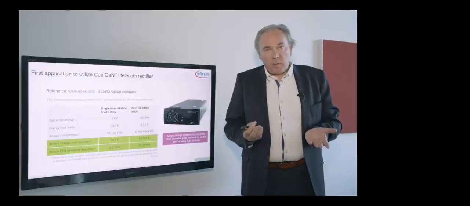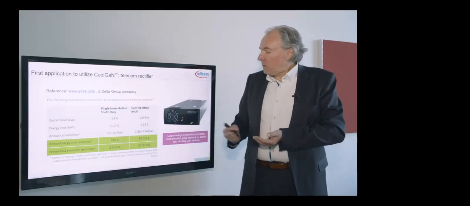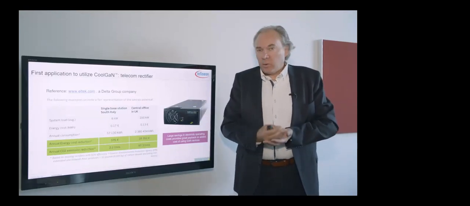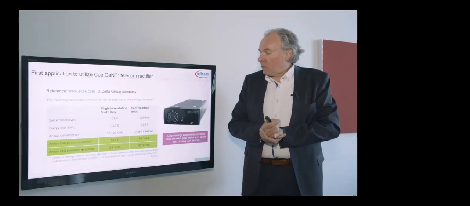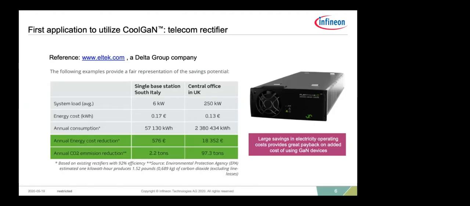One example from our customers: in this case, one of our telecom customers took gallium nitride into a power supply achieving 98% efficiency. If you compare this with legacy power supplies of 92% efficiency, you are getting tremendous savings in terms of electricity bill, which is far higher than the additional cost of the power supply.